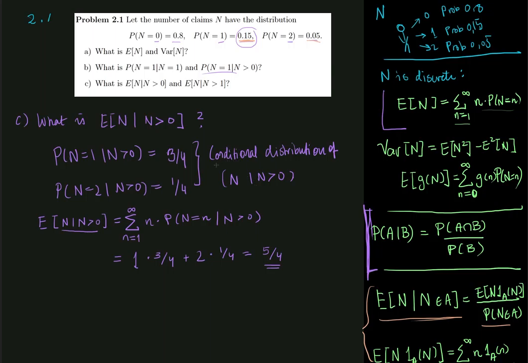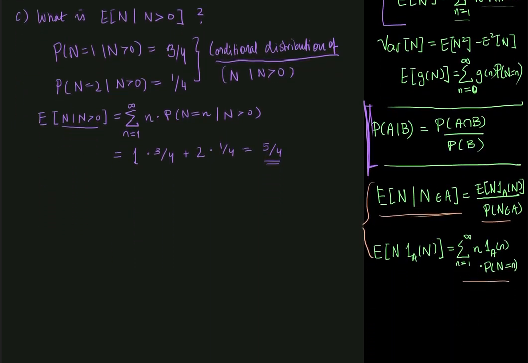So that's one way of doing it. It's by basing the conditional expected value on the conditional distribution. Another way we can do it is by looking at the definition of conditional expectation that I give you here. It's also the one at the bottom of page 18 in the lecture notes, except that in the lecture notes they give you the continuous version, and here we use it in the discrete case, but it applies nonetheless.